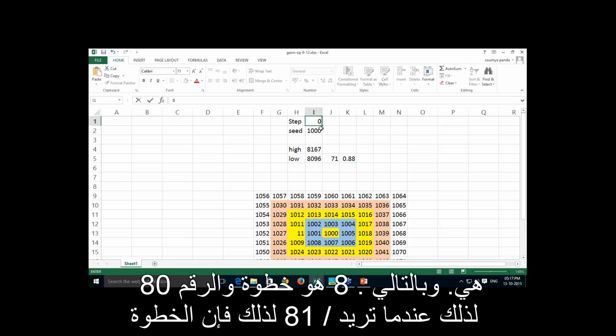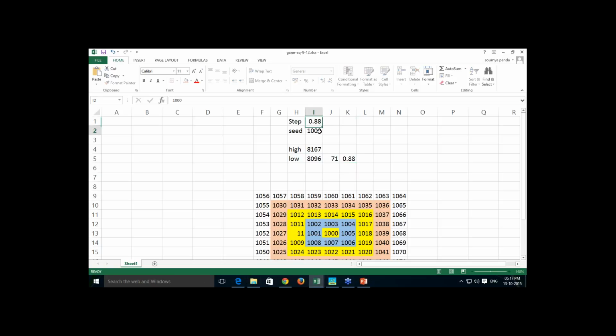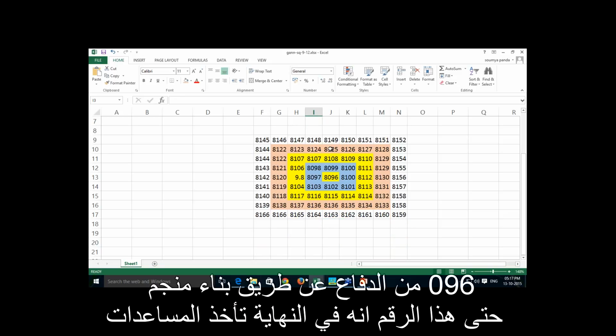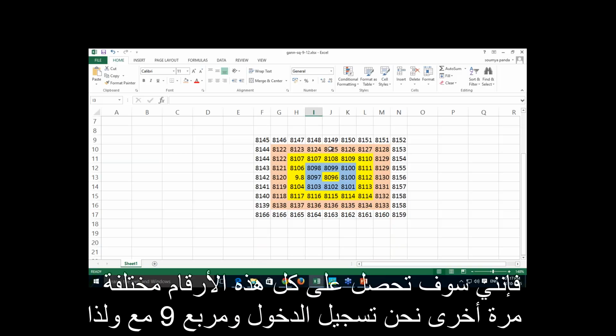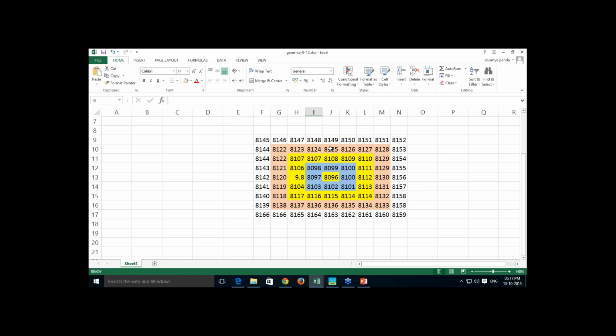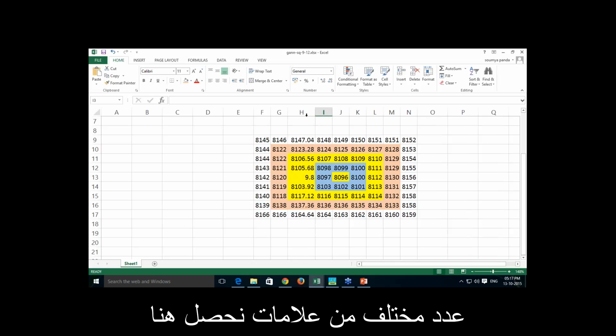So 0.88 is the step and the number is 8096. If I take 8096 from here and start constructing my Gann square of 9 wheel, I will get all these different numbers here.